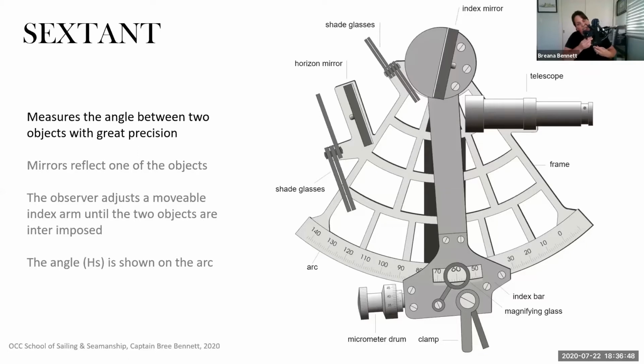And what's attached to this index arm is a mirror. So we call it the index mirror. And that is what we move to reflect off of what we're seeing from the horizon mirror, which is going to be this one. So this one doesn't move. This one's attached to the arc, and this one's attached to the index arm.